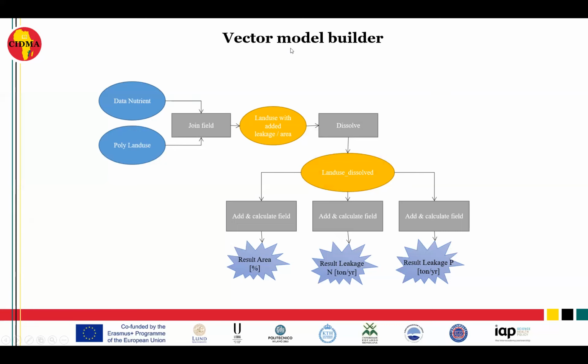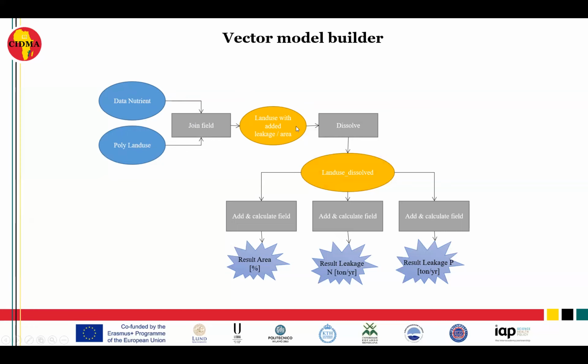So here, this is a model builder. It lets you take in different layers, and then the operation between them. In this case, it's a join field here. So we put this one into this one, the attribute data field, and then we add some sort of operation here, and we do a dissolve.